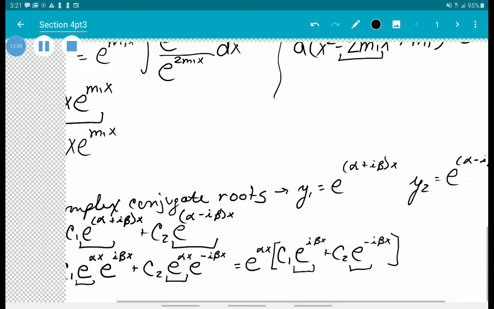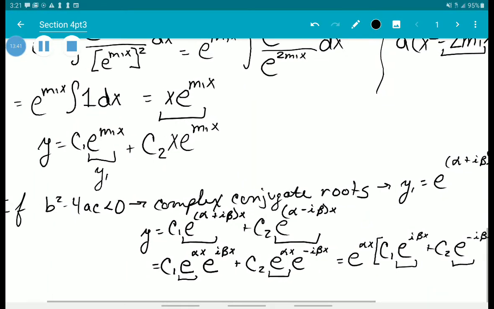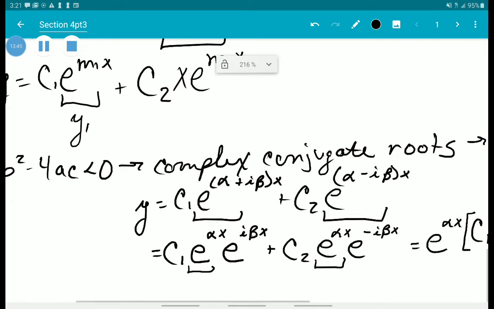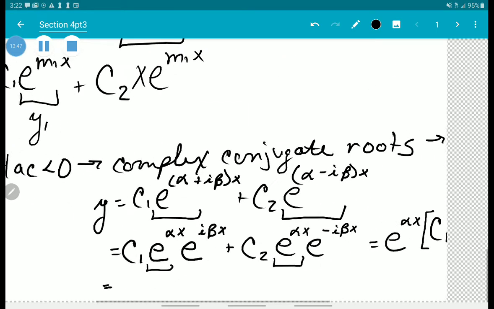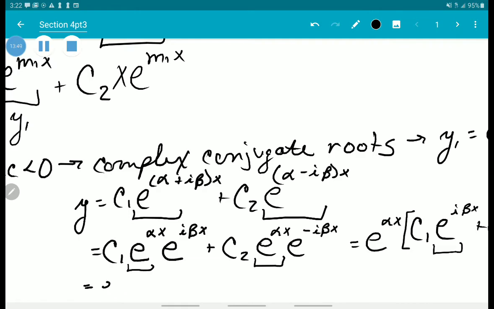So let's do that. So we could rewrite this as c1 times, this is going to be cosine of beta x plus i sine of beta x using Euler's formula.